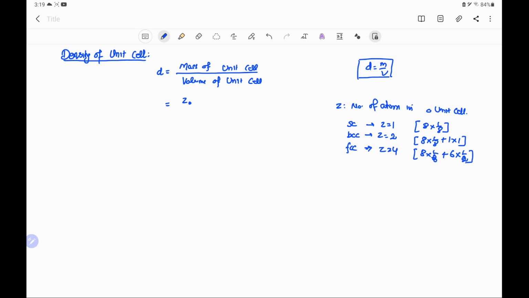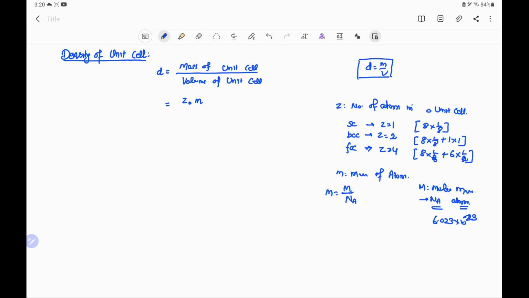And then we multiply this with the mass of the atom. Small m is the mass of the atom. If capital M is the molar mass, that is the mass of 1 mole, which contains Na number of particles, that is atoms, and Na is the Avogadro number, equal to 6.023 into 10 to the power 23, so we can write m equal to M by Na.